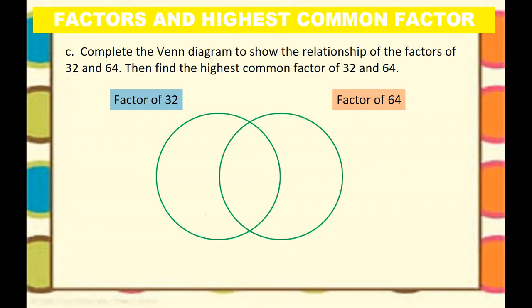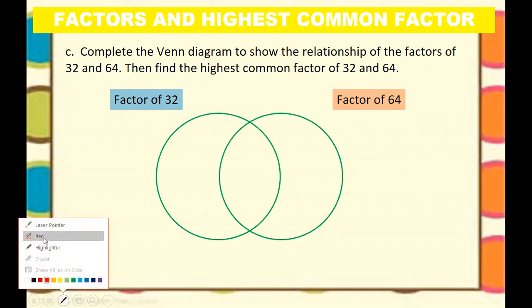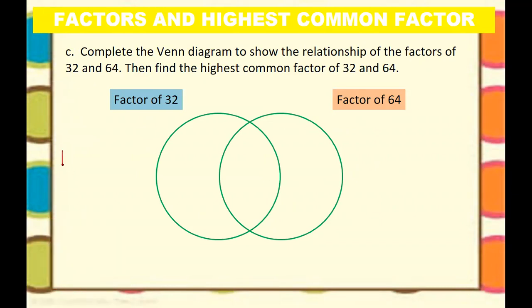This time we have to use a Venn diagram to show the relationship of the factors of 32 and 64. Before I explain this one, let's first write the factors of 32. Let's start writing: 1 times 32, then 2 times 16.